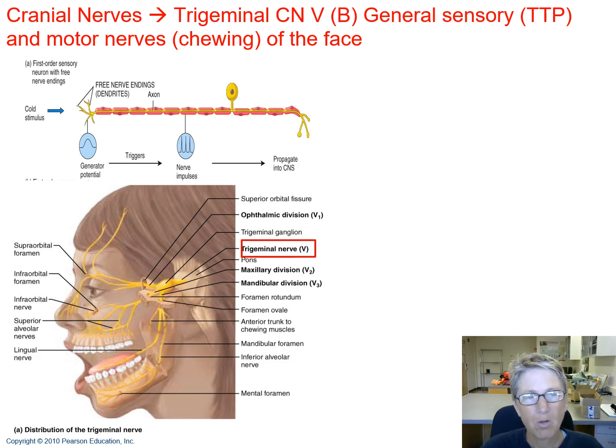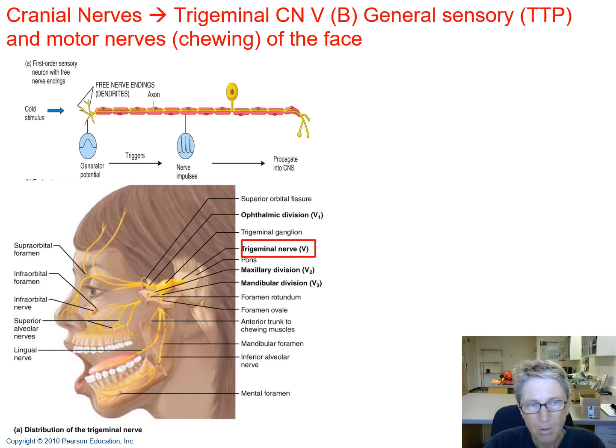We're in the cranial nerves, the trigeminal cranial nerve number 5. So tri means there's a lot of pieces to it. There's 3 pieces to it, and it has both sensory afferent neuron axons and motor efferent axons.